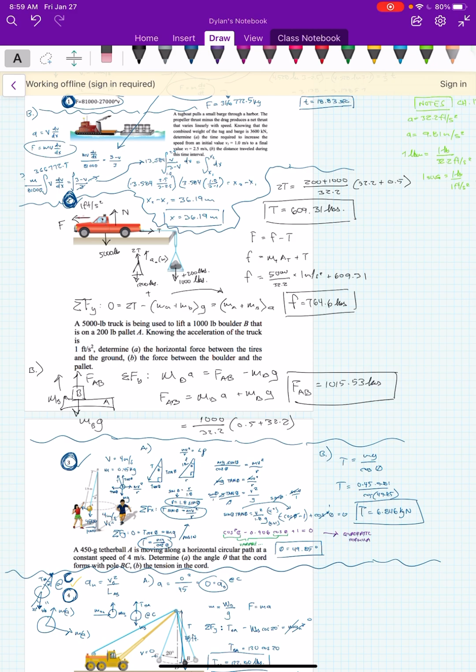So that's going to equal my 2T, and then I have the force of friction and then tension pulling in the opposite direction.